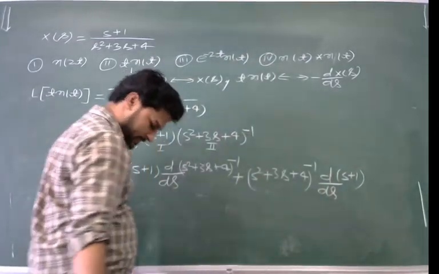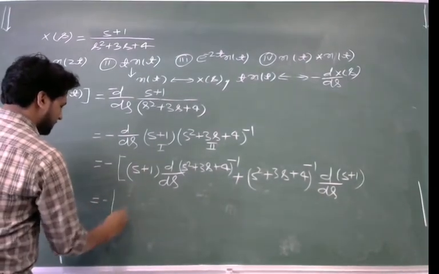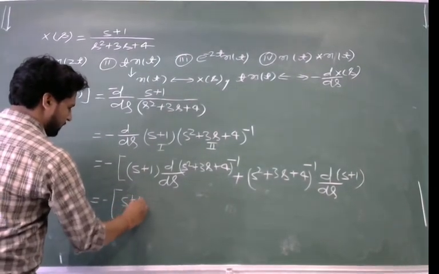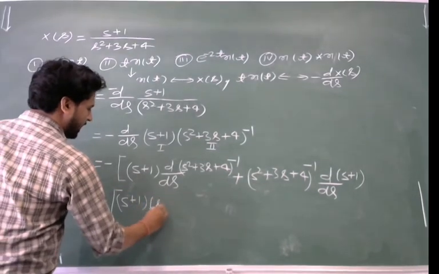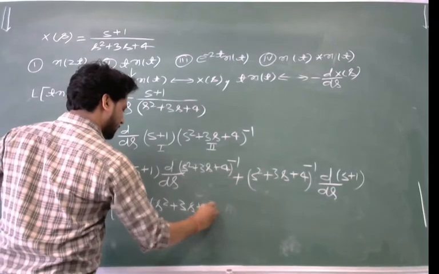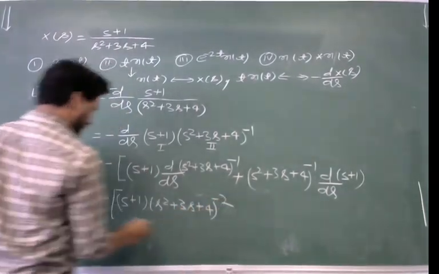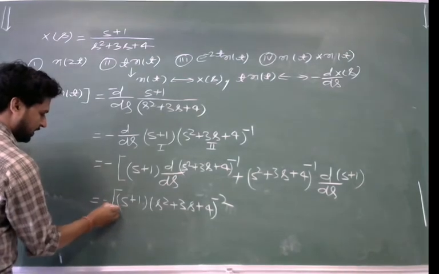Further, this can be simplified as minus (s + 1)(s² + 3s + 4)^-2, and one minus sign will come here.